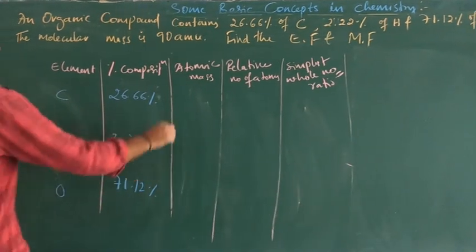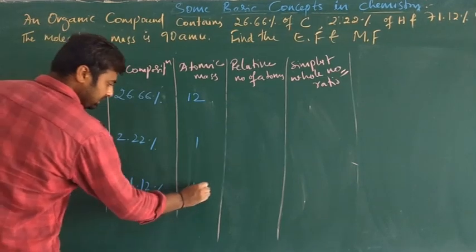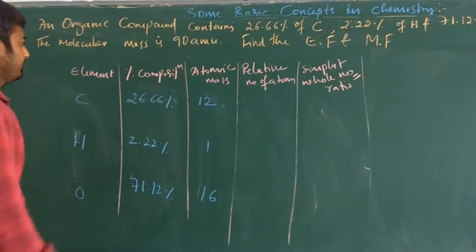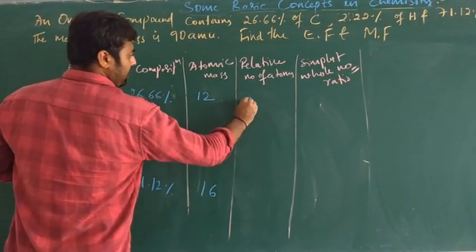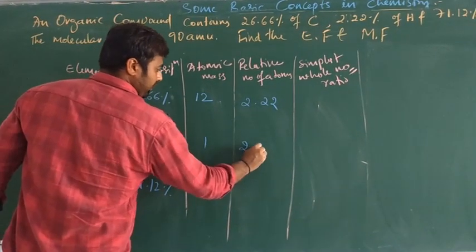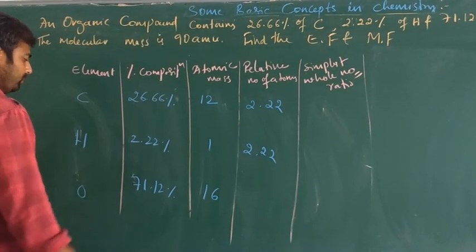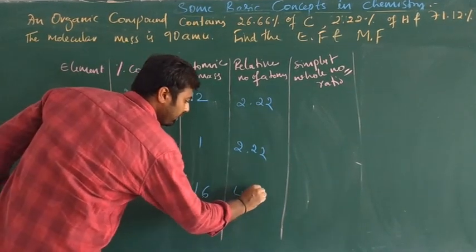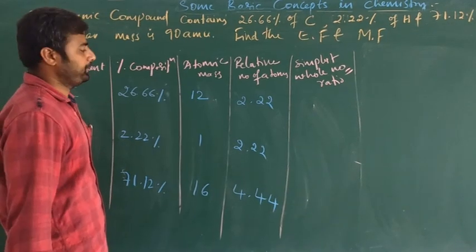Atomic mass for carbon is 12, for hydrogen is 1, for oxygen is 16. Calculate the relative number of atoms. 26.66 divided by 12 equals 2.22. 2.22 divided by 1 gives 2.22. And 71.12 divided by 16 gives 4.44. So this is the relative number of atoms.